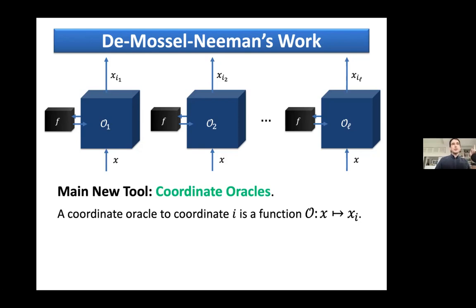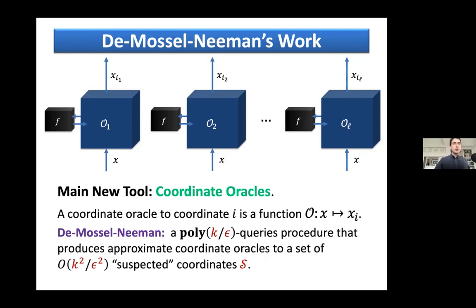You don't know what i1 is, but you know that it outputs a consistent coordinate from x. And what you really want is for the coordinate oracles to be coordinate oracles to the junta variables, right? If you would have it for the junta variables, this would put you in a good place. So this is more or less the idea.